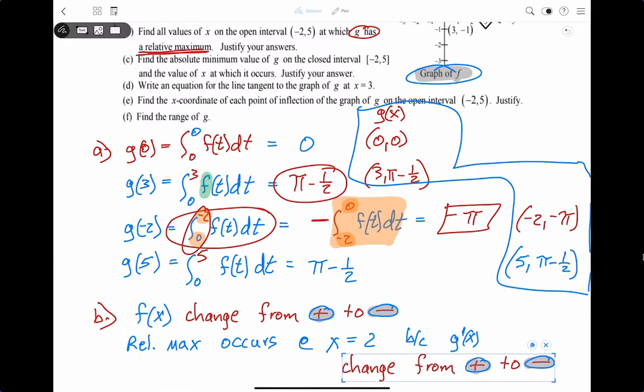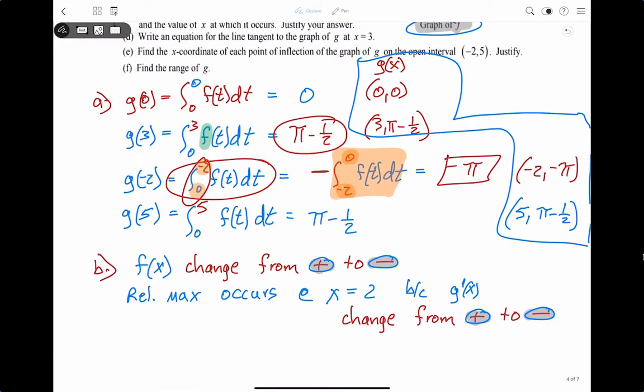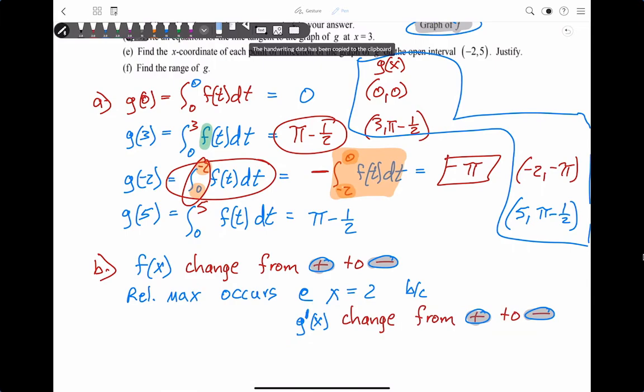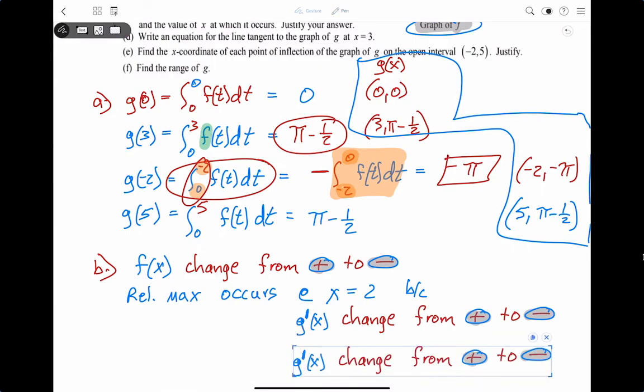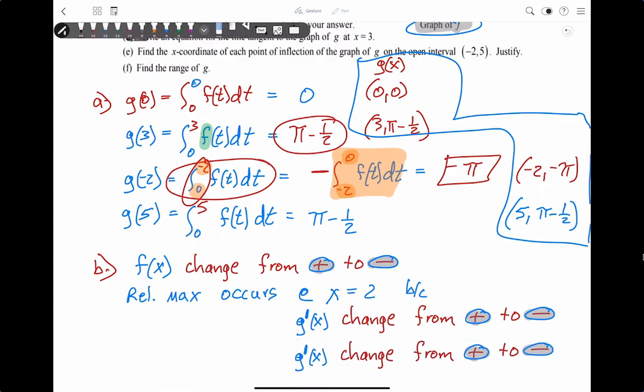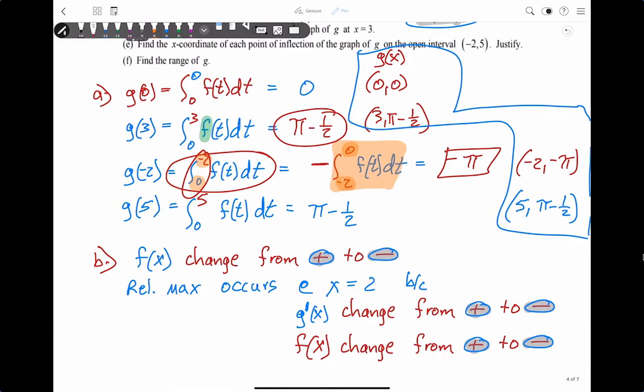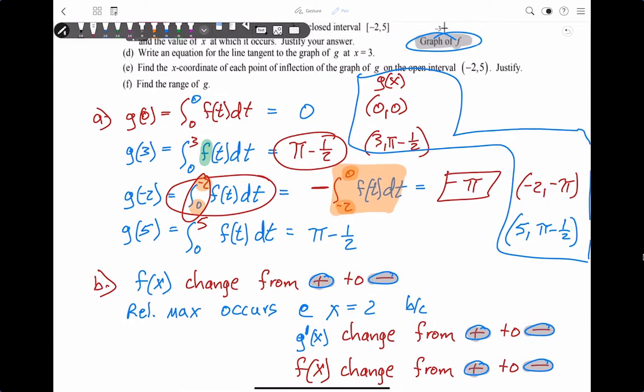Let me kind of move it down. And you could write g prime of x, or some of you might elect, because you know g prime is equal to f of x per second fundamental theorem, to go ahead and have written all of this, but with an f of x. So you don't have to write both, guys, but I would say to make sure that you have this written in your work to include that, the AP reader does know that you know what f of x and g prime of x are and how they're related to one another.